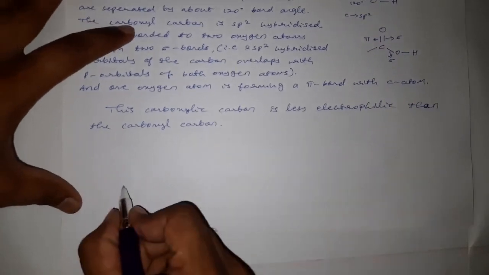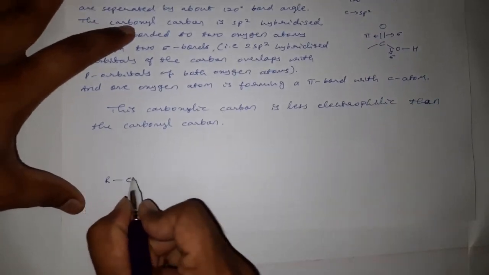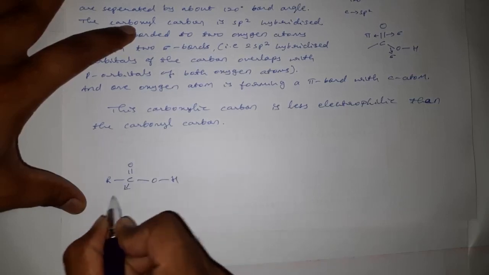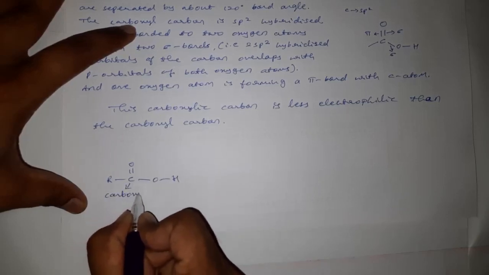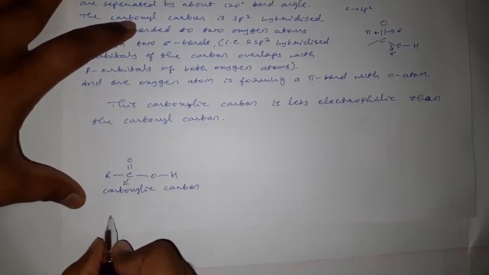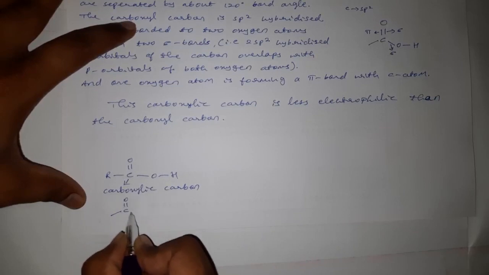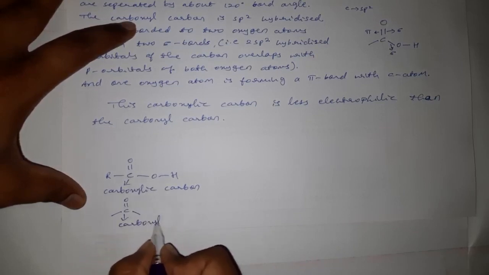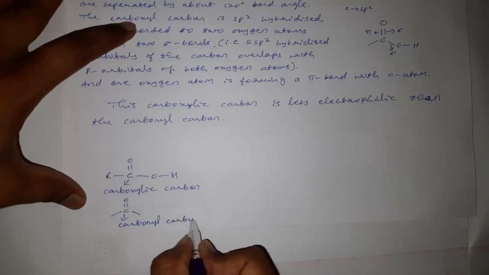See here, R C double bond O, O H. This is what? Carboxylic carbon. Then C double bond O. This is what? Carbonyl carbon.